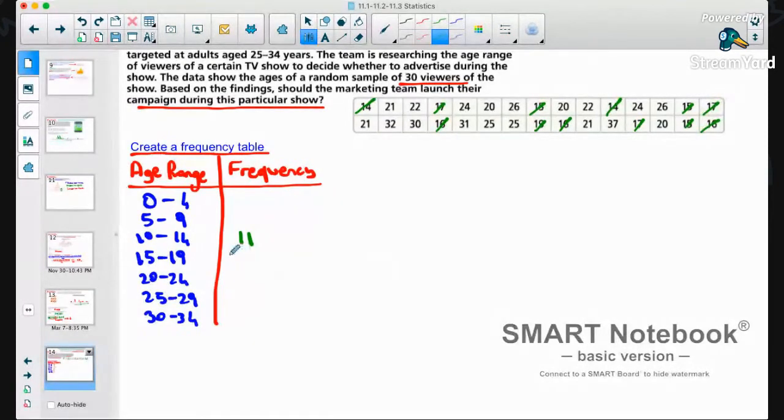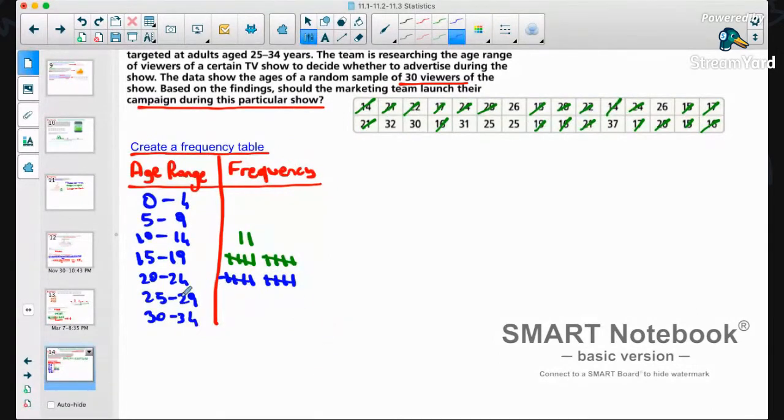What about 20 to 24? 1, 2, 3, 4, 5, 6, 7, 8, 9, 10 as well. So there are 10 people as well in the age range 20 to 24.